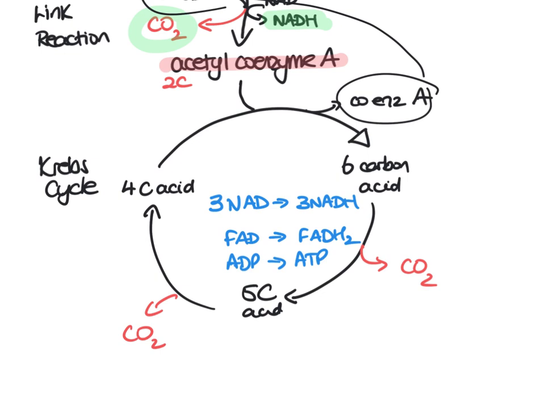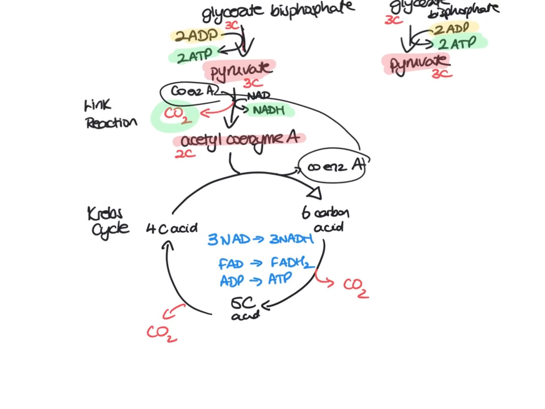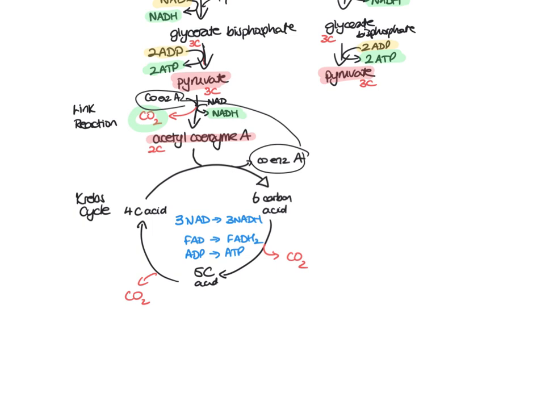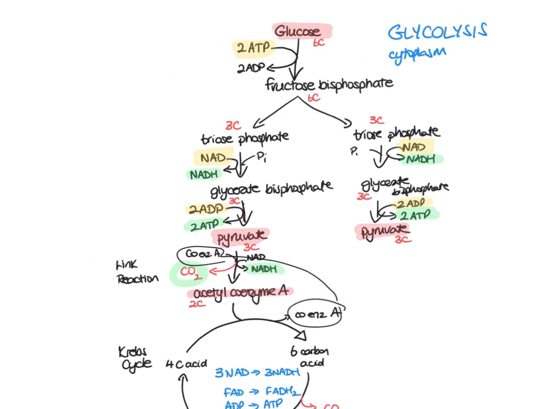So in the Krebs cycle, we've got 3 NADHs or H2s, we've got an FADH2 and we've got an ATP. And we've also got 2 molecules of carbon dioxide. But remember that you've got 2 link reactions and therefore you're going to have 2 Krebs cycles for every molecule of glucose.